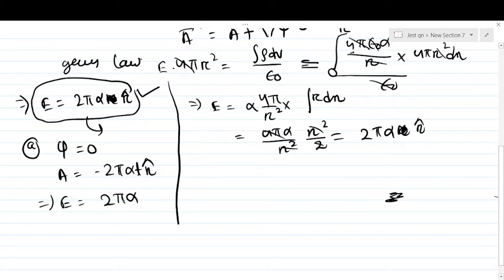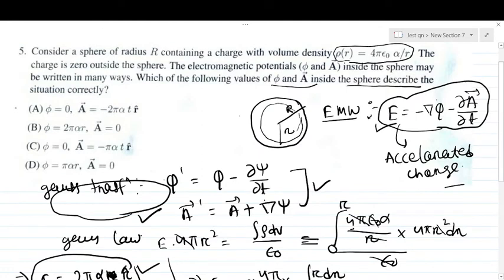It is 2 pi alpha r cap. This should be obeyed. So option A is correct.